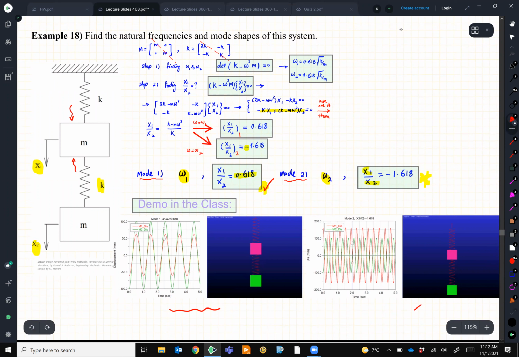If I disturb the system in a way that the ratio is -1 over 0.618, then they are going to have an independent motion, right? One of them, they go up and down together, another one, the opposite direction. However, if I disturb them randomly, so I don't follow this ratio, then they can have a combination of motions. But still, this ratio is going to stay the same. That's part of the natural motion of this system.